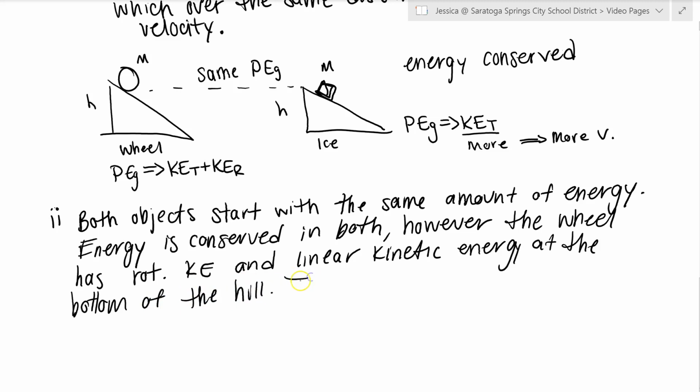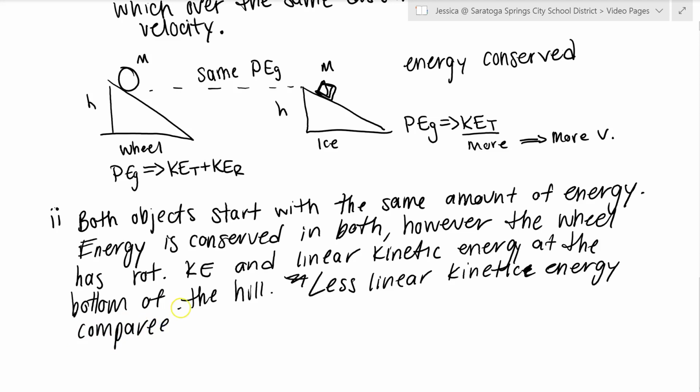Less linear kinetic energy compared to ice yields less linear velocity.